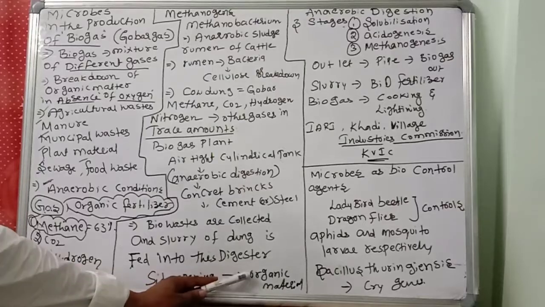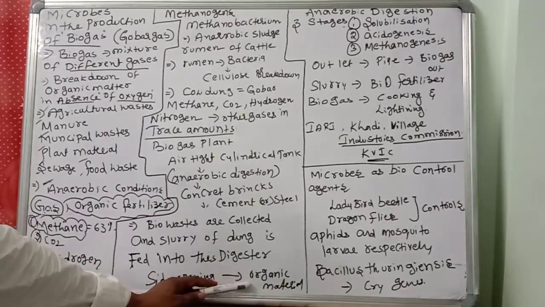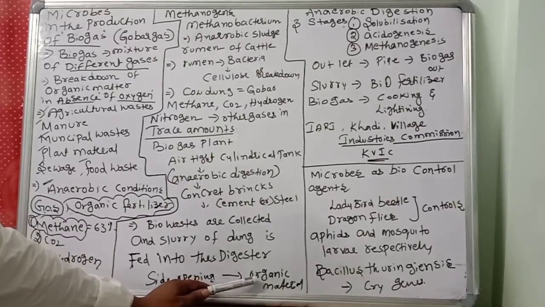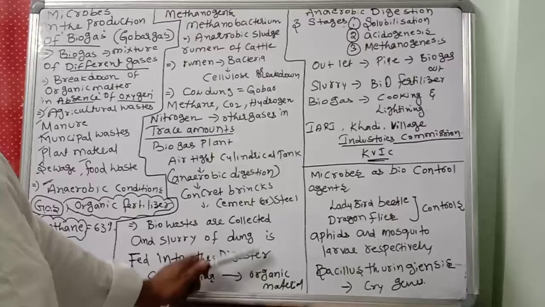Whenever the organic material is used up, we should give additional new organic waste for the activity of the methanogenic bacteria through the side opening. And we have to create the anaerobic digestion, decomposition.